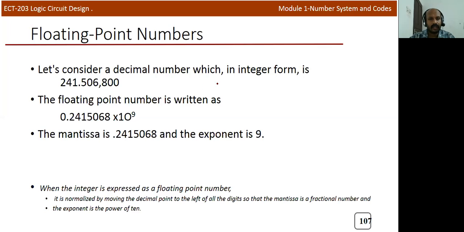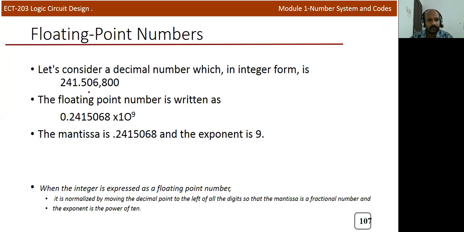For example, consider the number 241.506800. This is a fractional number and it contains two parts. To represent this number in floating point format, usually we move the decimal point to the extreme left, so that you can write 0.2415068.